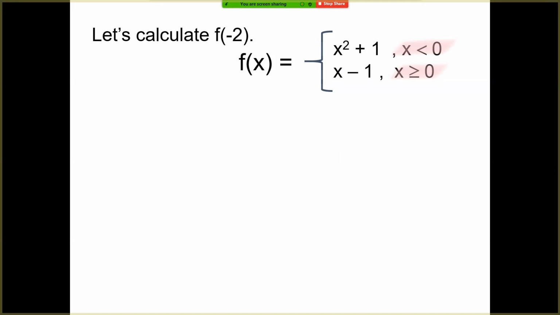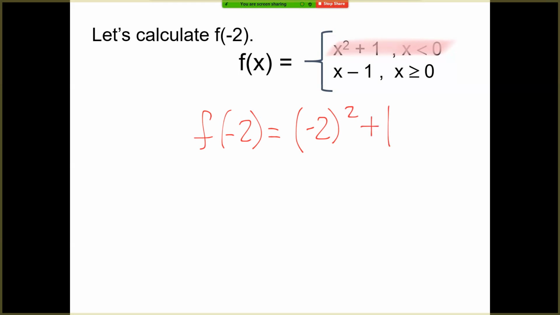So is it less than 0 or greater than or equal to 0? In this case, it's less than 0, so I'm only using this top information. So f of -2 equals -2 squared plus 1. -2 squared is 4 plus 1 is 5.